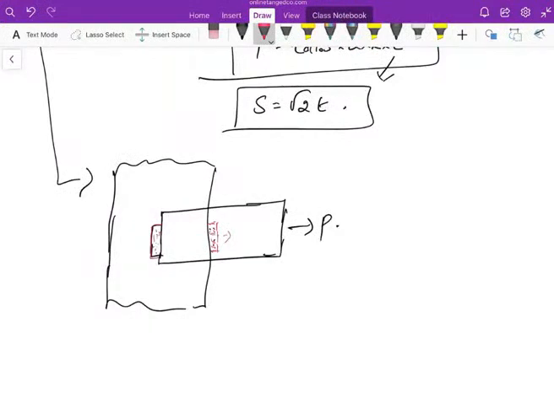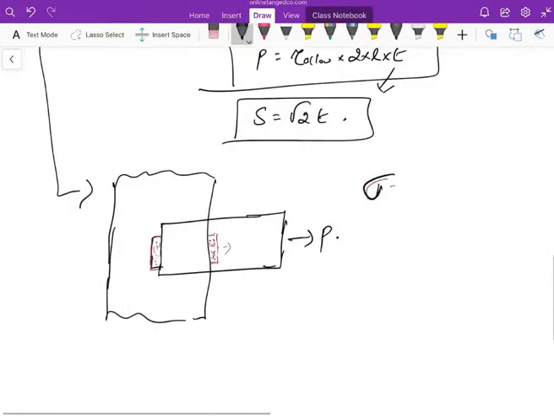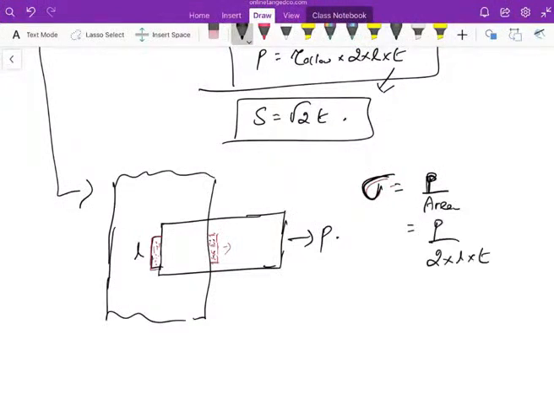So we have the same formula, stress sigma. Here instead of shear stress, we'll have normal stress. Sigma is equal to load by area. Here the area is the same, assuming this as length: P into 2 into length into thickness.